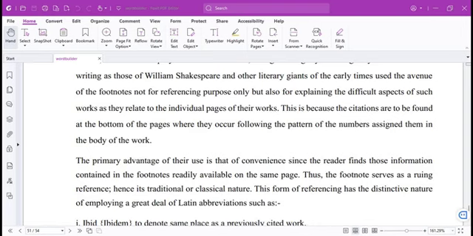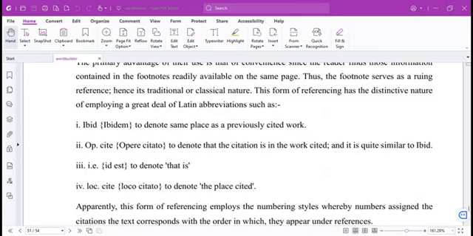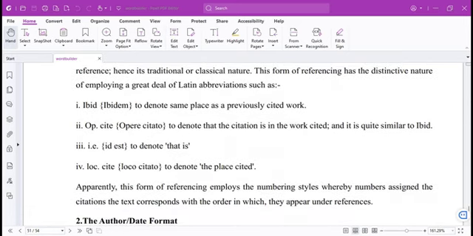This form of referencing has the distinctive nature of employing a great deal of Latin abbreviations. These Latin abbreviations help to make the work easier, since they occupy less space.